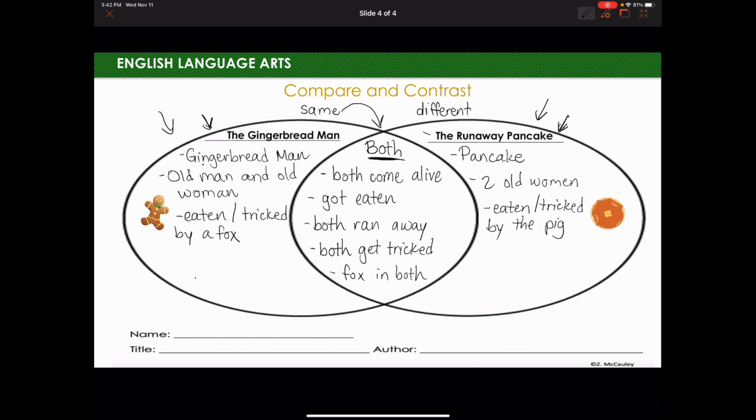Now let's think about how the fox tricked the gingerbread man. The fox tricked the gingerbread man because he was helping him cross the river. So he tricked him by pretending to help him cross the river. But in the runaway pancake, how did the pig trick the pancake?